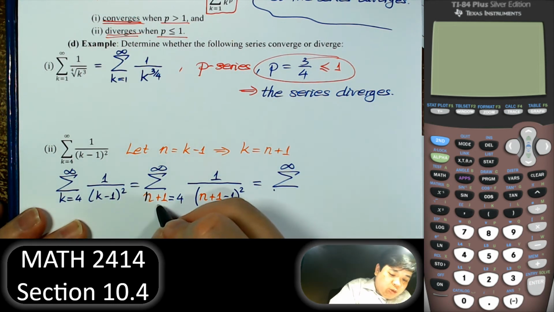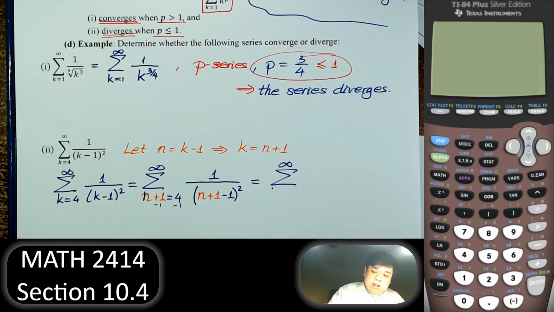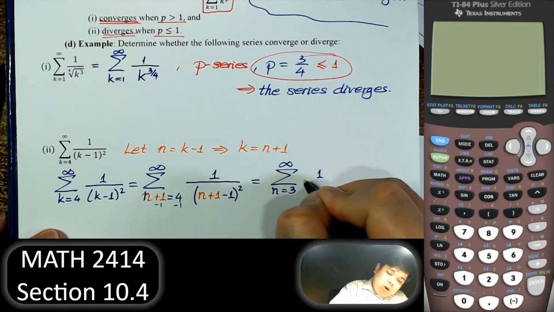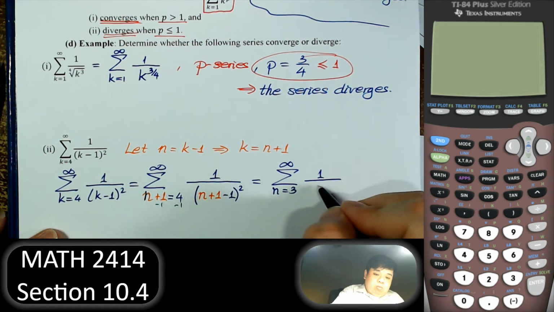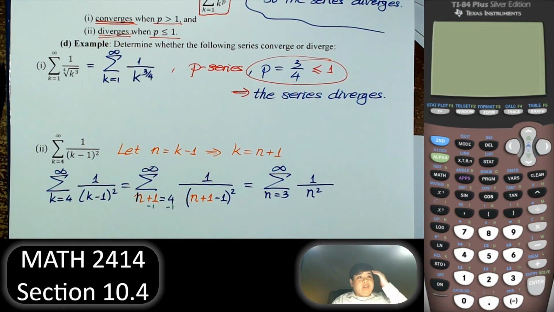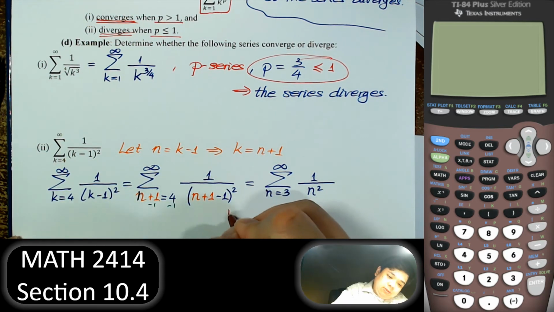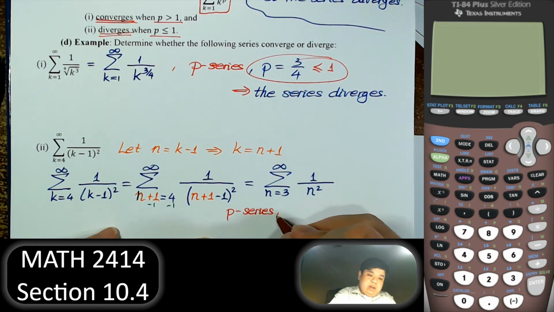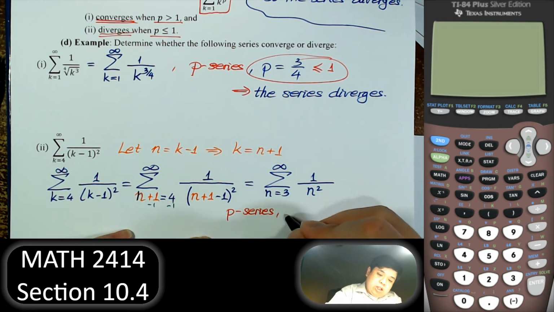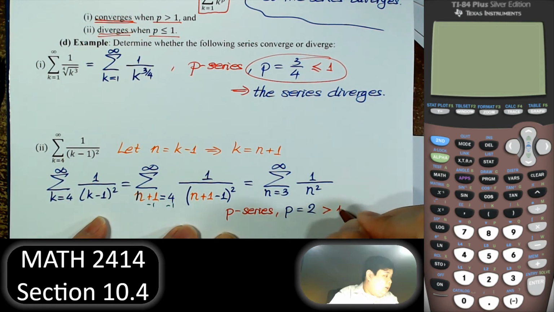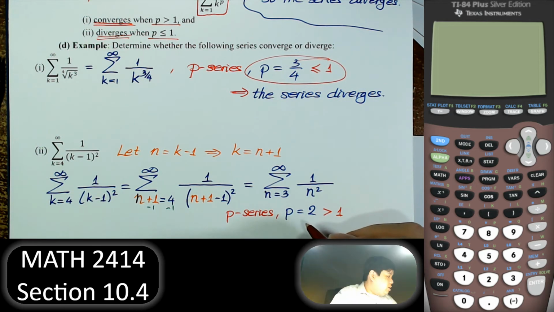Now, for here we subtract 1 on both sides, so I have n equal to 3. We have 1 over, the 1s cancel out, n squared. So this is also a P series where the index is raised to the power. And the P series where P equals 2, and 2 is bigger than 1. Therefore this one is convergent.